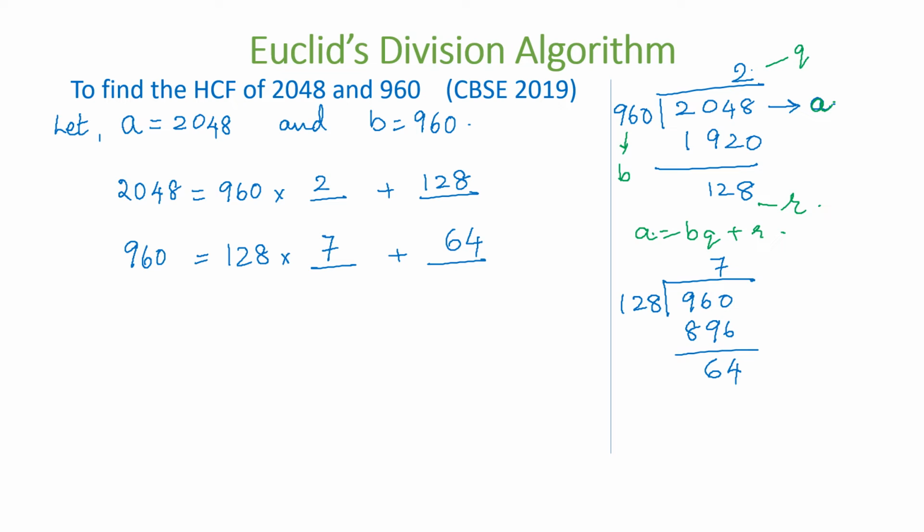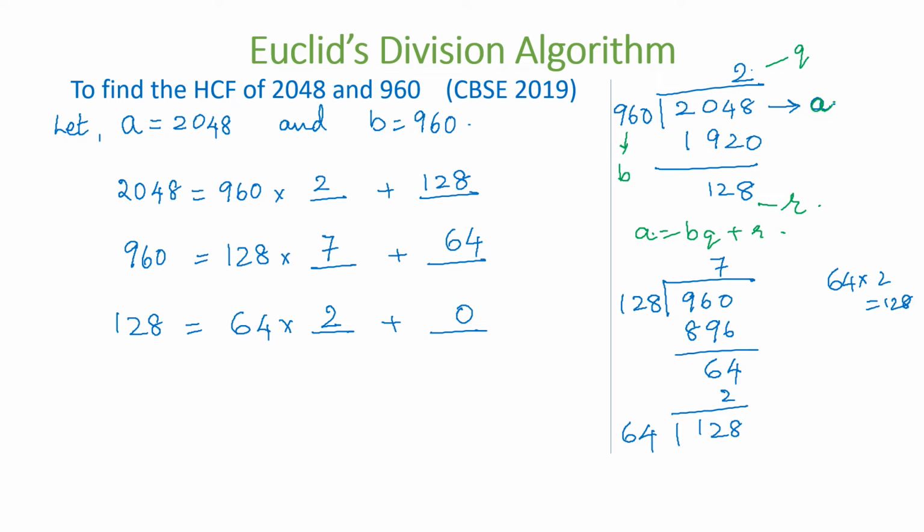Now again I will write down 128 is equal to 64 into dash plus dash. So 64 into 2 is equal to 128, and therefore 128 is equal to 64 into 2 plus the remainder 0. That is, if you do 128 divided by 64, you will get 2 and the remainder is 0. So you have got the value of remainder 0.